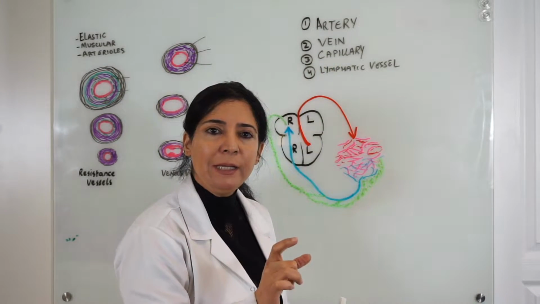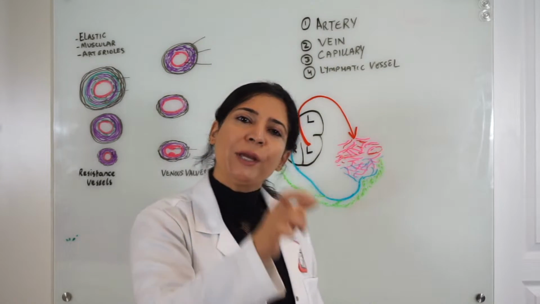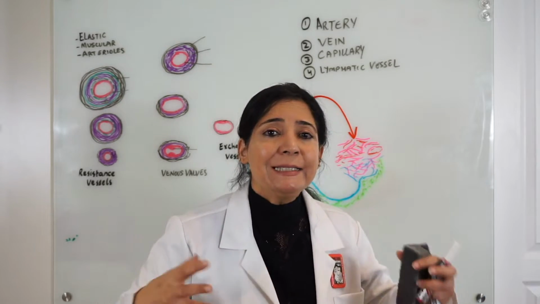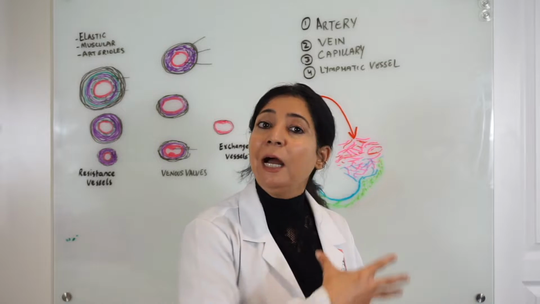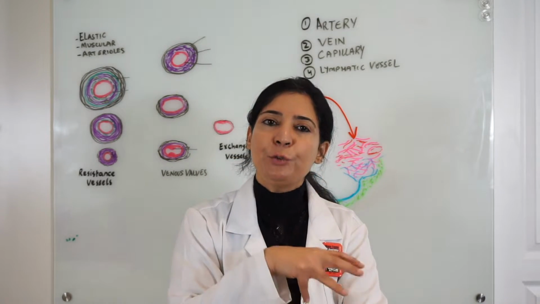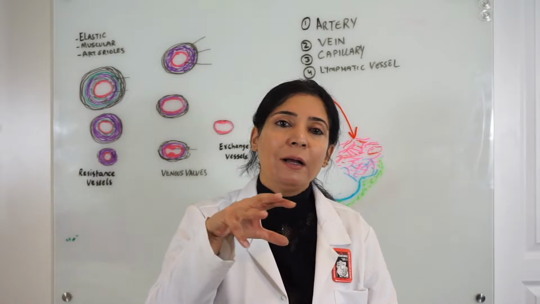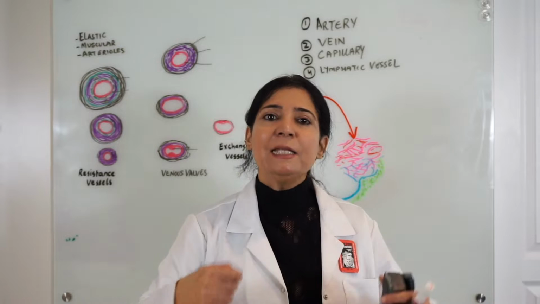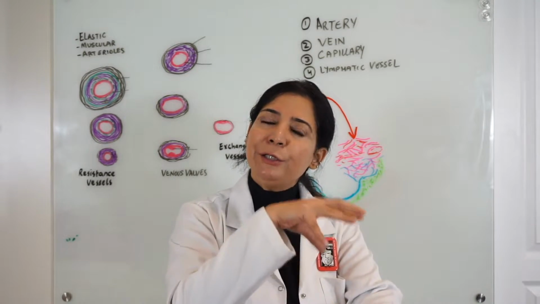So the capillary is located, it's not going anywhere. It is a breaking down product of the artery, and that is located within the tissue spaces. So a network of capillaries, like a fish net, is located within the tissue spaces.